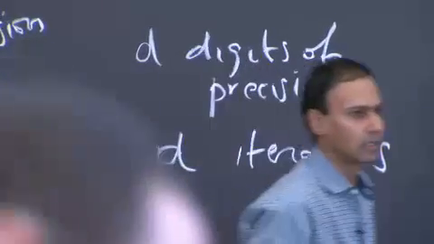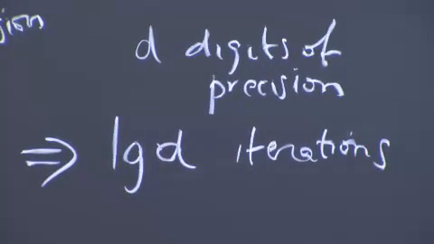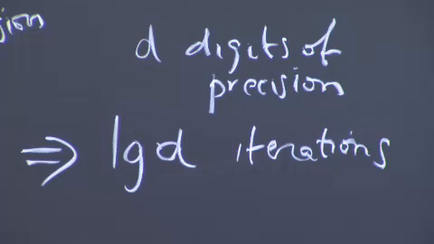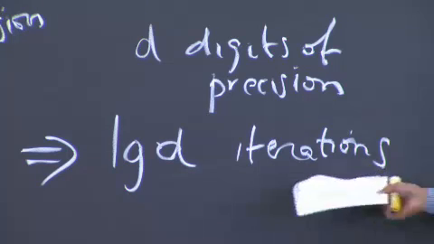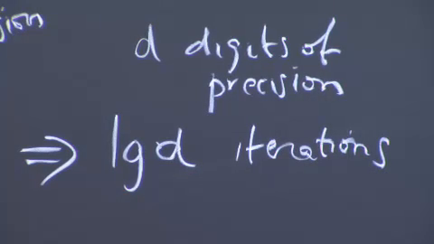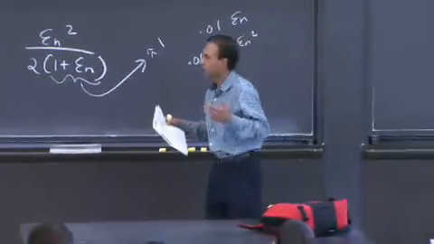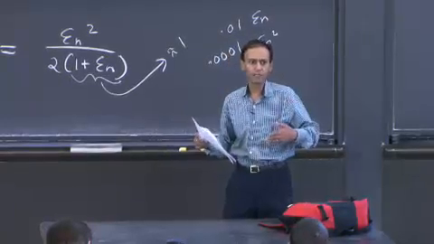So that's kind of nice. You have a logarithmic number of iterations. I'm going to get back to that. There's one little subtlety that is associated with asymptotic analysis that goes beyond simply the number of iterations and the digits of precision. But so far, so good. We're happy with this logarithmic number of iterations.